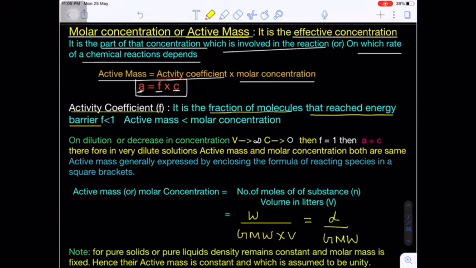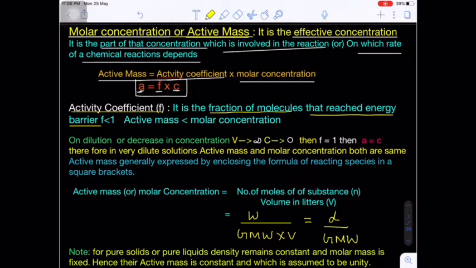If the reacting molecules are unable to cross that energy barrier, they bounce back into the reactant side. Again they collide with each other and increase their kinetic energy. Once the kinetic energy crosses the energy barrier, they give the products. Effective collisions alone lead to the formation of the products.